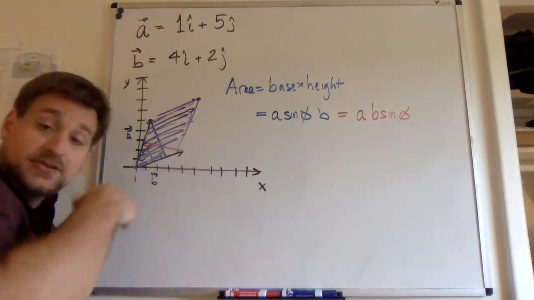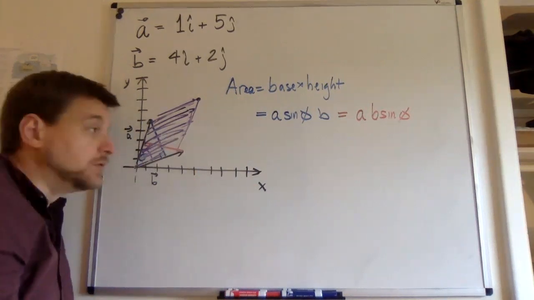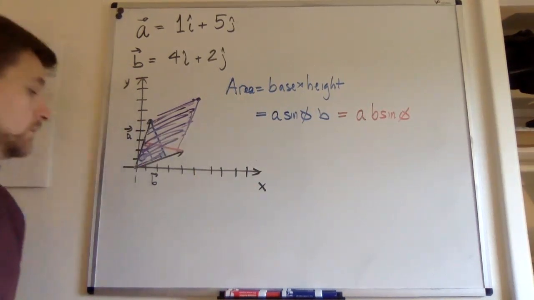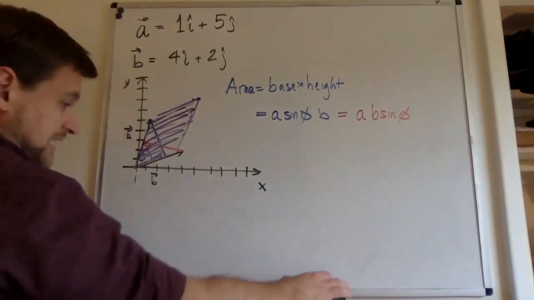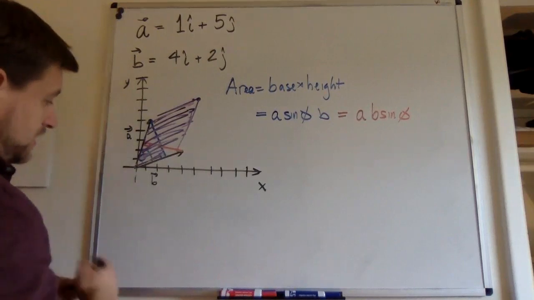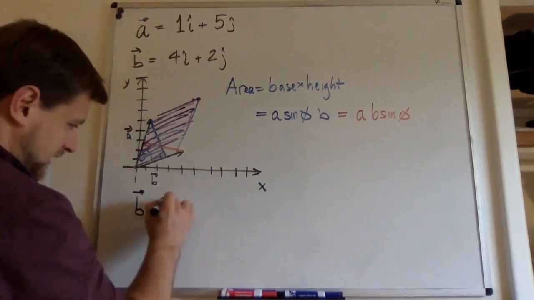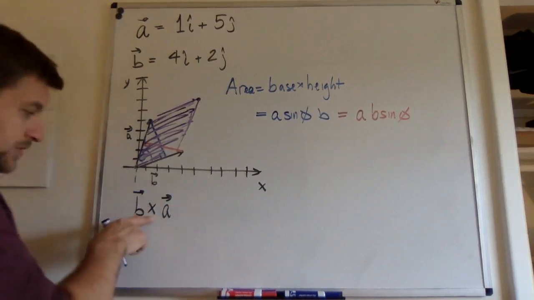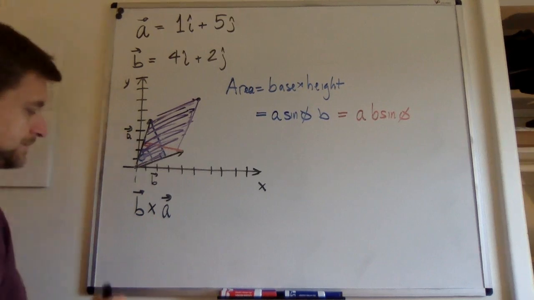Now, is it into or is it out of the board? And the answer is that according to the right-hand rule, we multiply B cross A, vector B cross A, and we use the multiplication X symbol there.